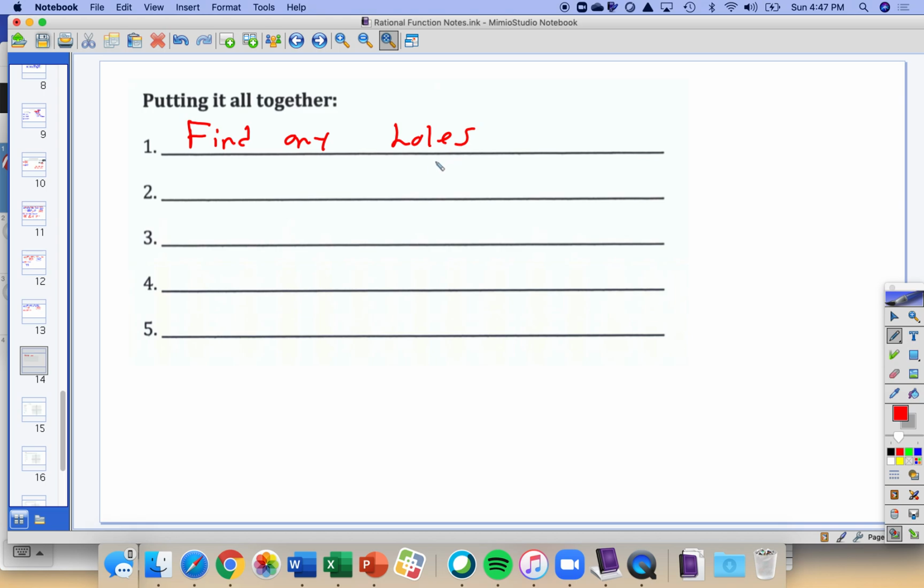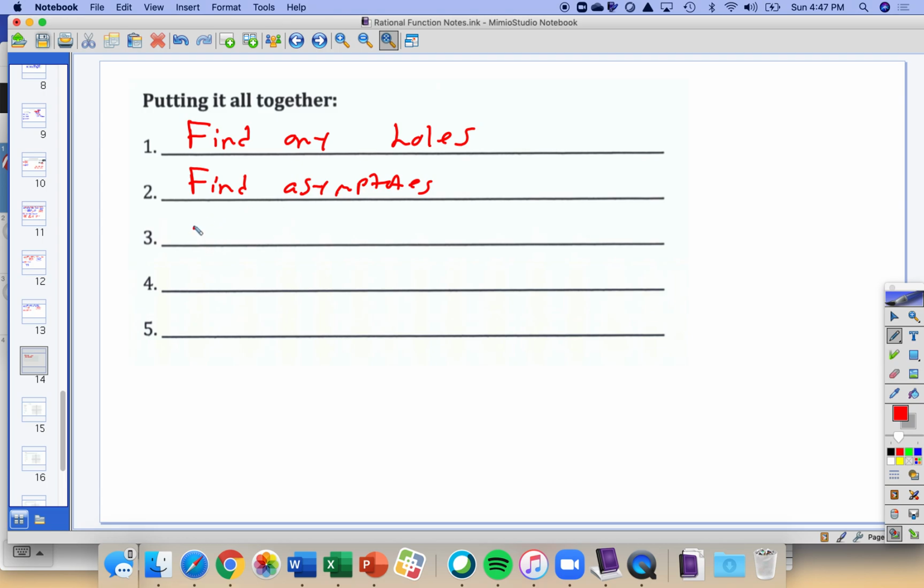And if I can simplify the function, I want to simplify it first. There's not always going to be holes, but there could be. And if there is, I need to find them first. Once I find them, then I need to find the asymptotes. Okay, find the holes first, because a lot of students get confused when there are holes and they think they're asymptotes. Asymptotes and holes are different.